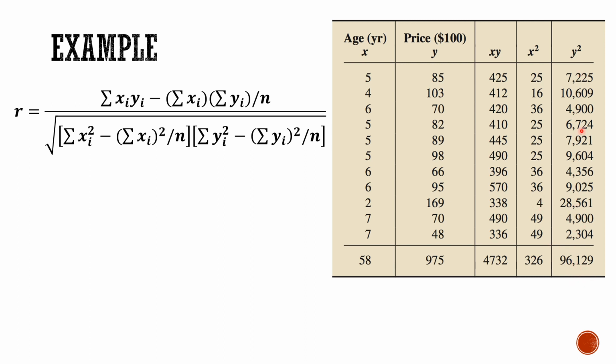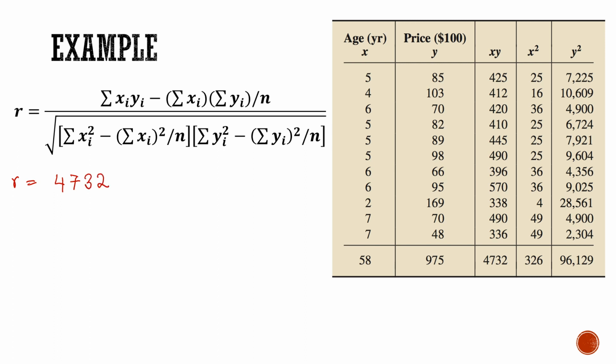All right, so let's now plug our values into the formula. Just give me a minute while I pull up my worksheet here. Sigma x times y is this value here, 4732. So R equals, I'm filling in the terms in the numerator.